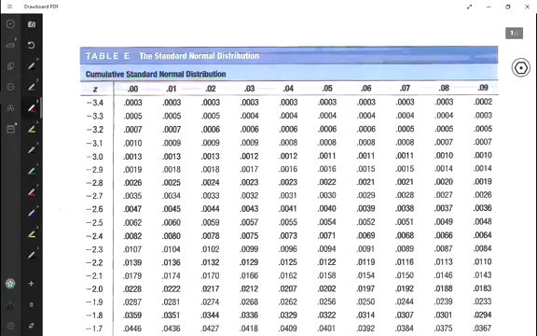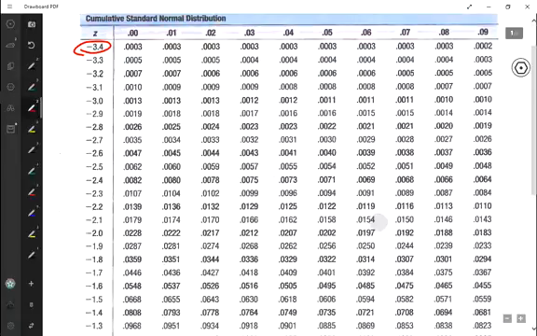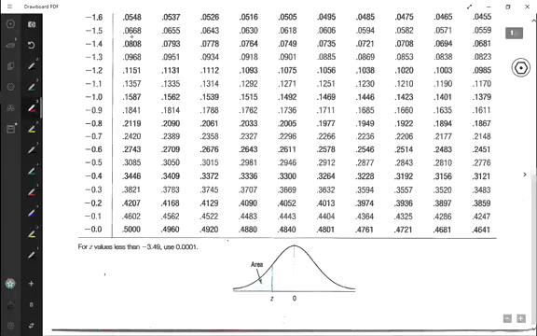What you'll notice is that our z-scores only go down to negative 3.4. And the more negative the z-score gets, the smaller this area gets, all the way down to 0.0002.